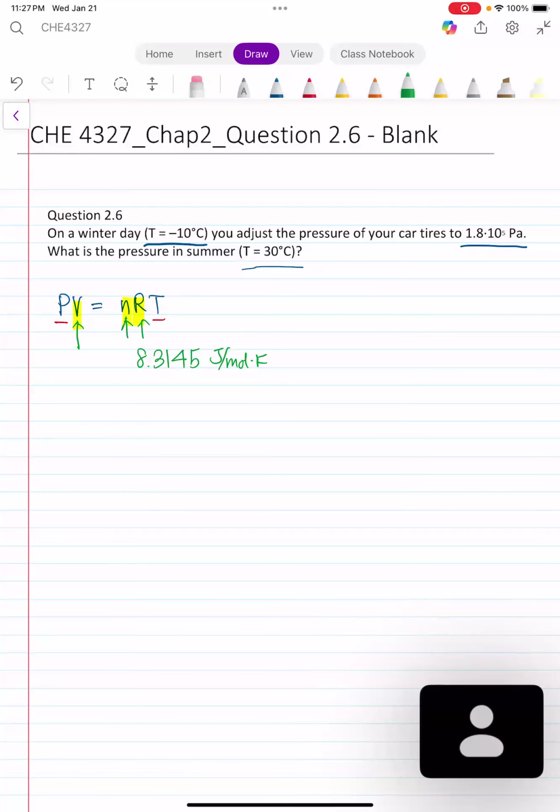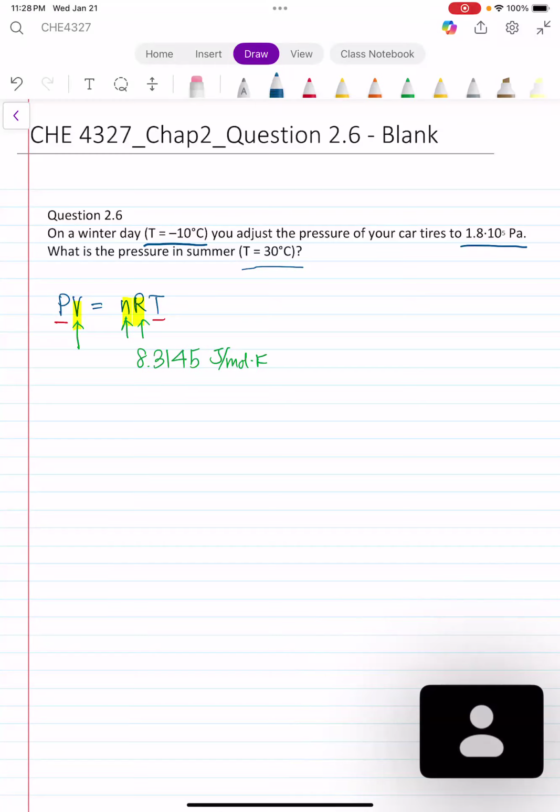So we can call V a constant too. Given these, we can rearrange the PV equals nRT equation and put all the things that are constant on one side and leave the other things that we are not assuming to be constant on the other side. That is the P and T.